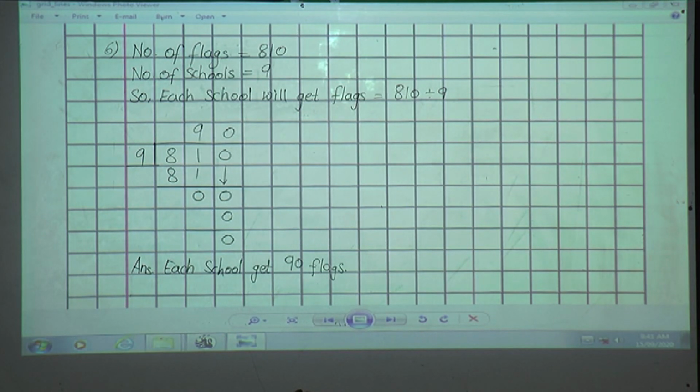So what was the question? How many flags did each school get? So after solving this example, we got the answer here, 90. So each school will get 90 flags. Okay, clear this sixth example?